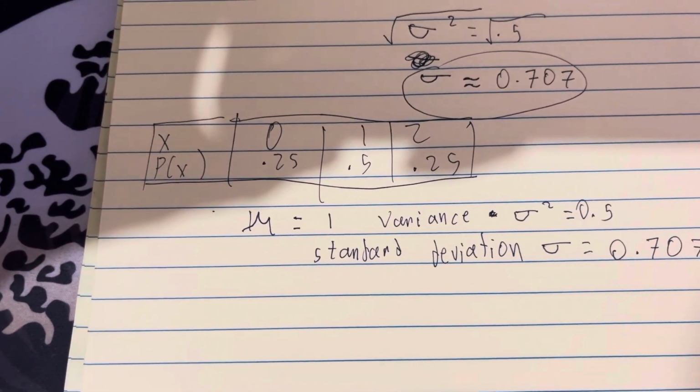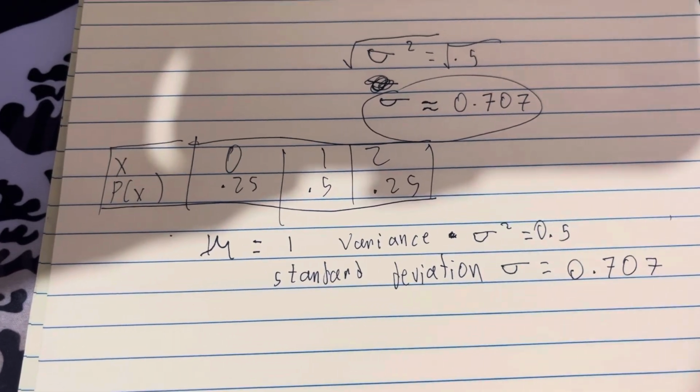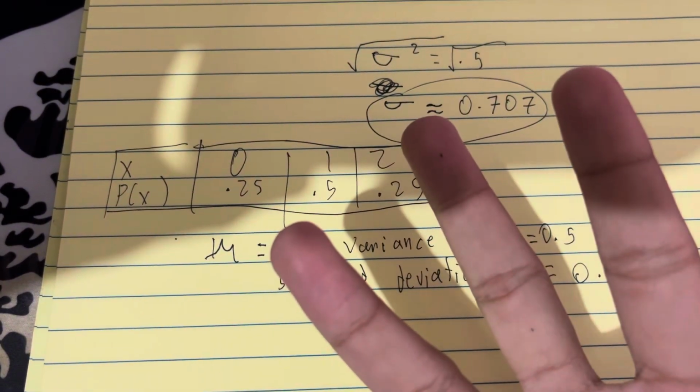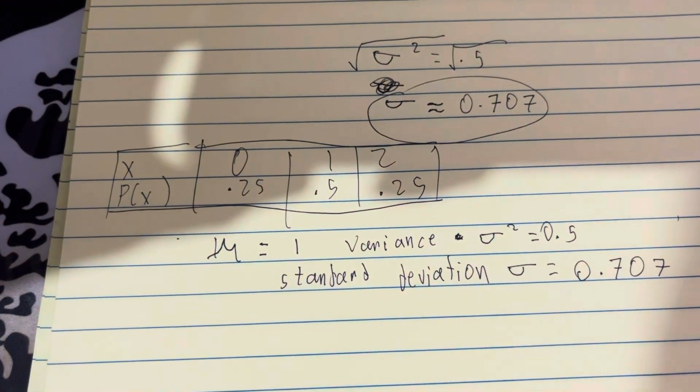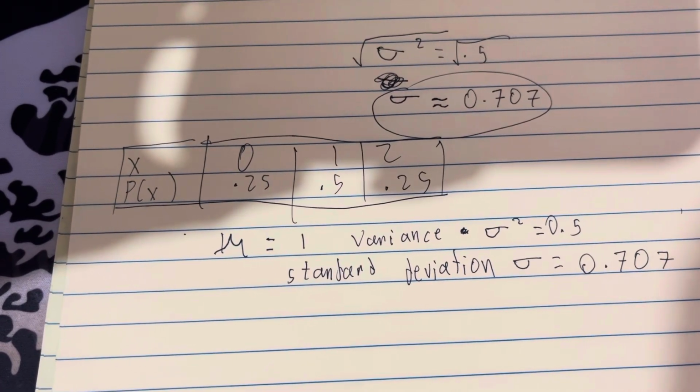And that's it. Really, I swear, that's it. We've covered random variables, sample space, tree diagram, probability distribution table, mean, variance, and standard deviation, all in one simple example.